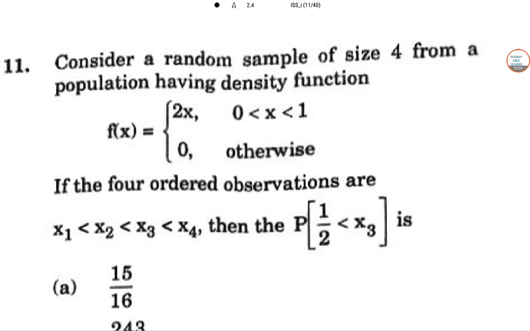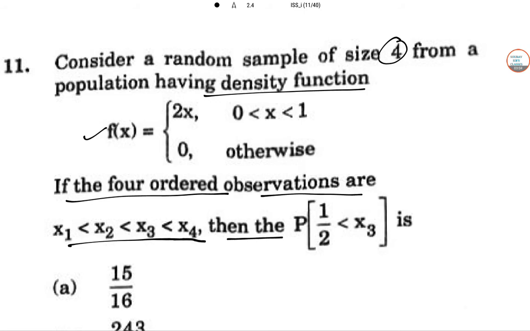Consider a random sample of size 4 from a population having a density function given as follows. If the 4 ordered observations are x1 less than x2 less than x3 less than x4, then what is the probability of half less than x3?